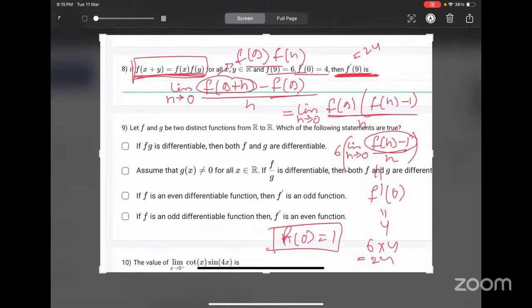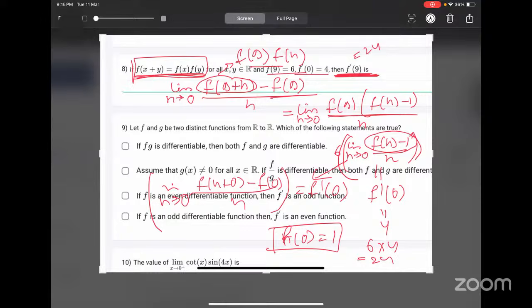Now we know that f of 0 is 1, so this term we can also express as f of h plus 0 minus f of 0 by h, limit h tending to 0, right? And this is nothing but f dash 0, right? Yes. Is it clear now?